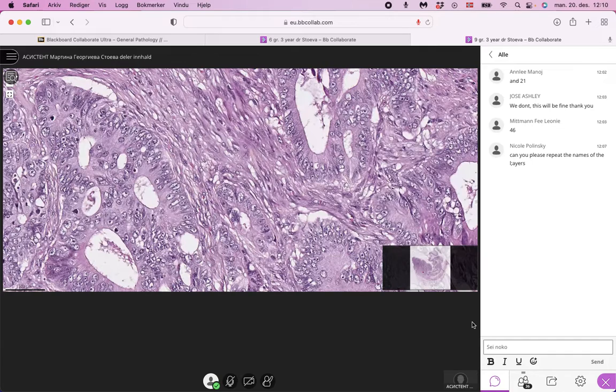And when such fusion of glands is seen as one structure with smooth circumference with the stroma, this is what we call a cribriform structure.